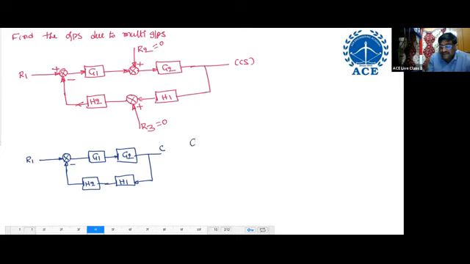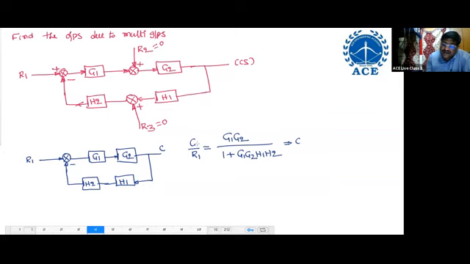Then find C by R1. C by R1 equal to G1 G2 by 1 plus G1 G2 H1 H2.